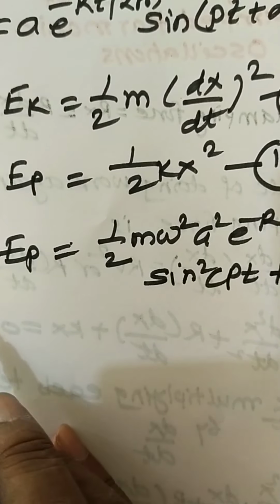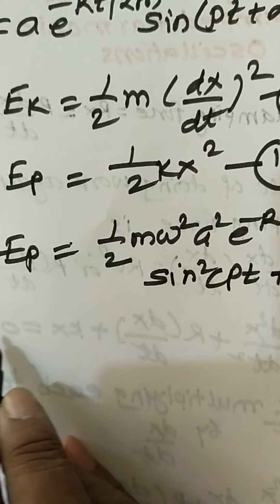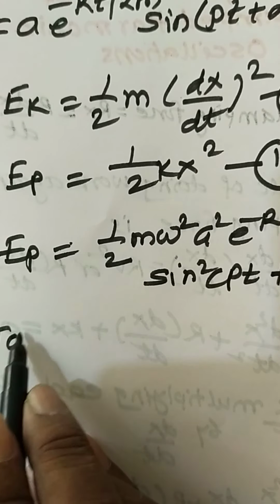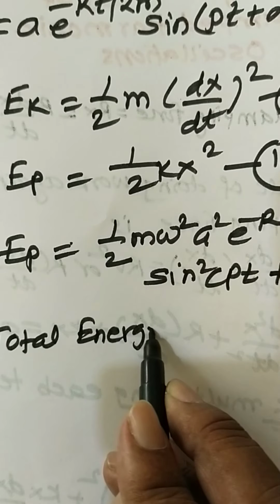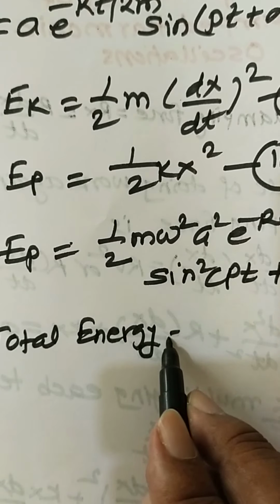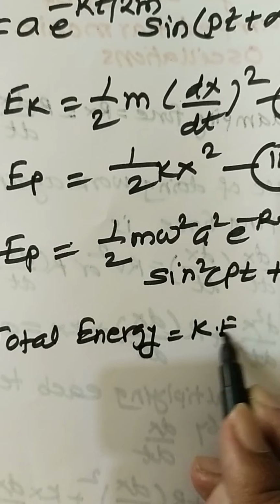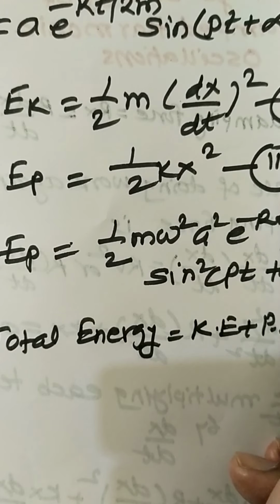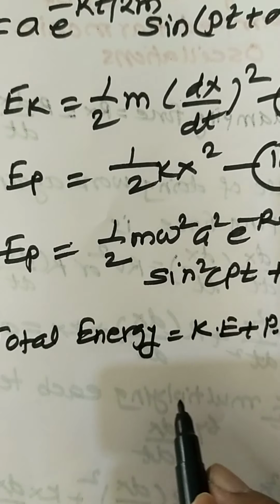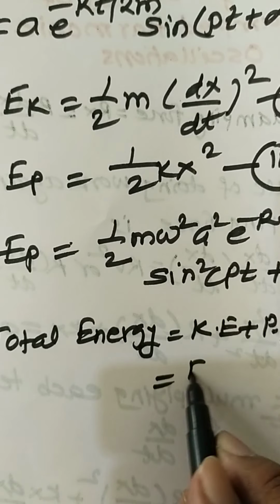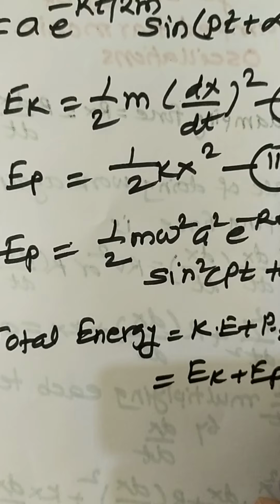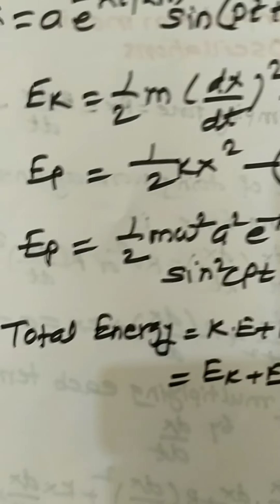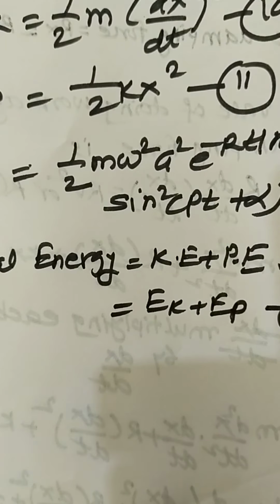And so therefore we got the total energy, which is equal to kinetic energy plus potential energy, that is Ek plus Ep. This is equation 13.